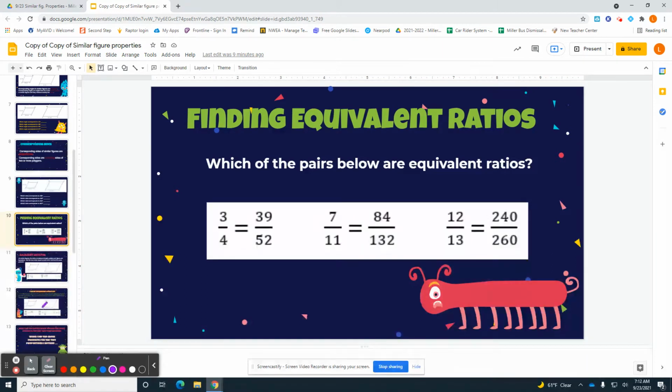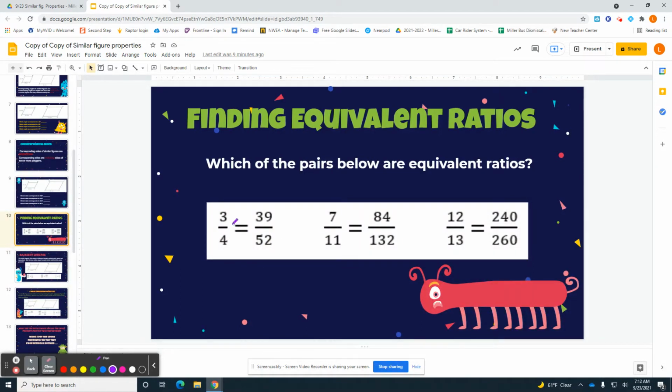Finding equivalent ratios. So which of the pairs below are equivalent ratios? How do you find equivalent ratios? Well, you can do it two ways. This first ratio is already in simplest form, so you can simplify this and see if you can get it to equal this one.